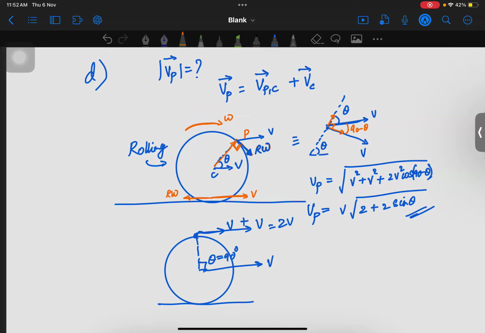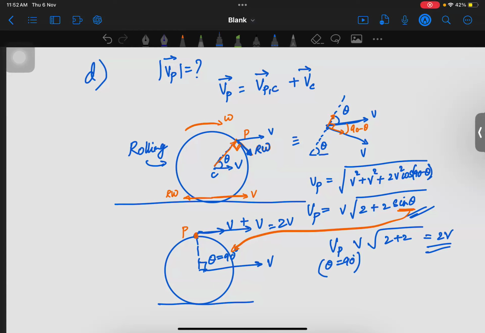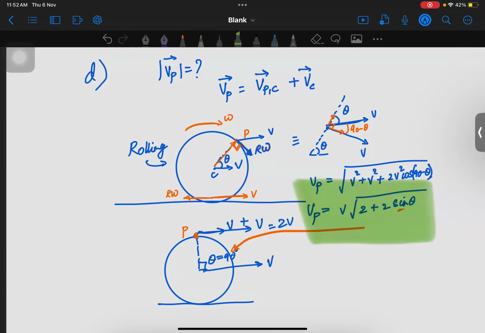If you set the value as 90, you get v root of 2 plus 2, which is root 4, which means it is 2v, when theta is 90 degrees, the topmost point. And if you look at this expression that we have derived, the maximum value of Vp is when sine theta is 1. Which means that the topmost point has the maximum value of speed among any point of the rigid body.